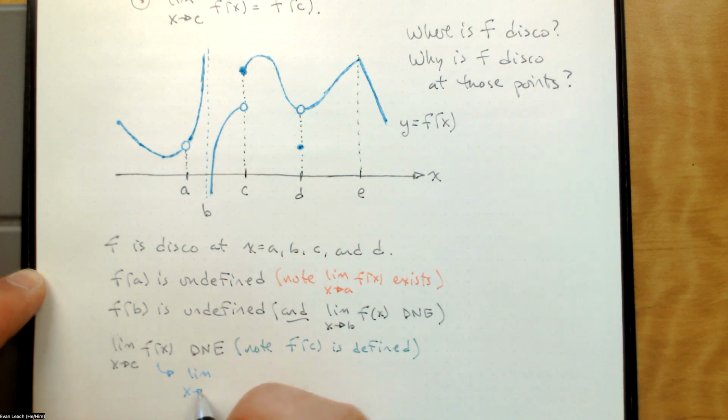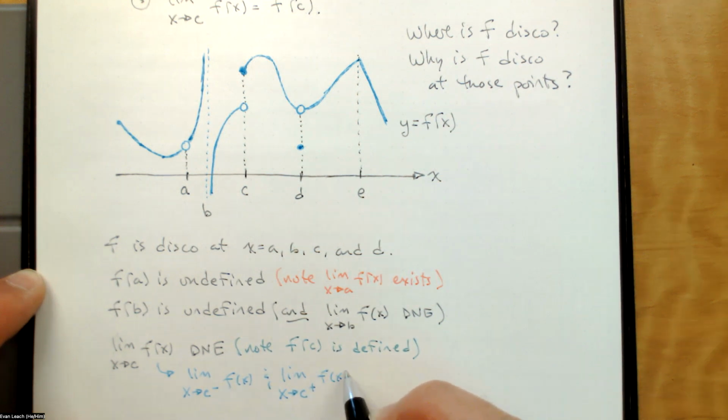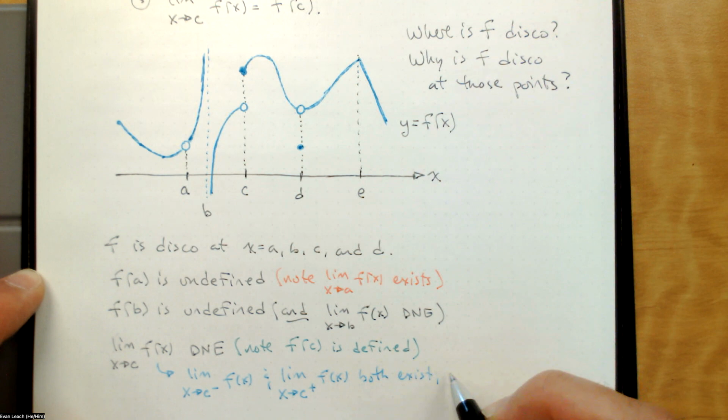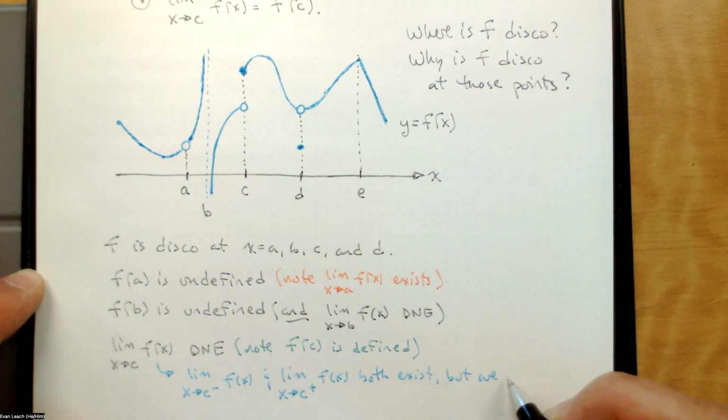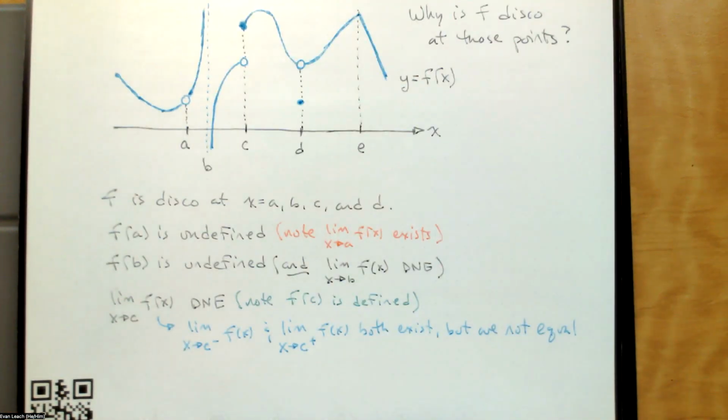So the limit as x approaches c from the left of f of x and the limit as x approaches c from the right of f of x both exist, but they're not equal. So we are not approaching any one value. So that's why the limit doesn't exist, because the left and right limits are not the same.